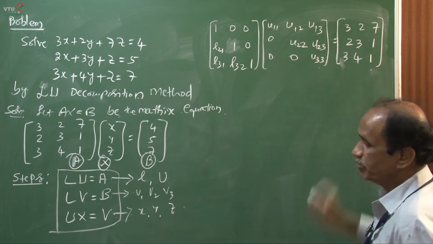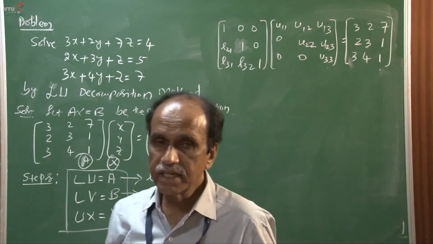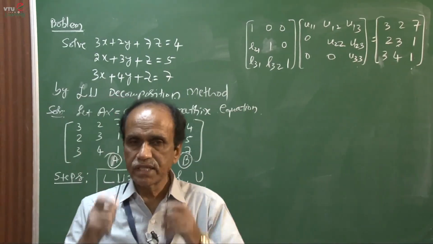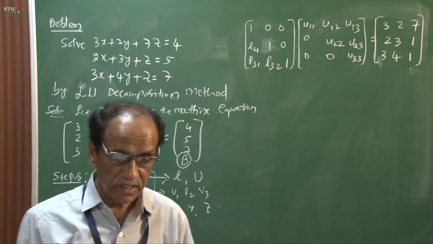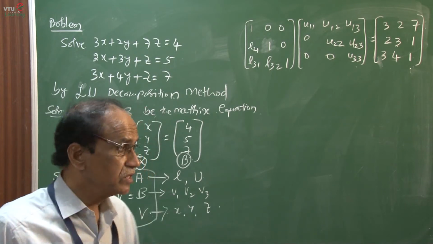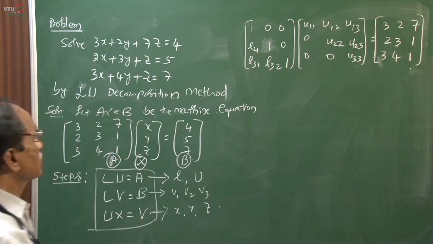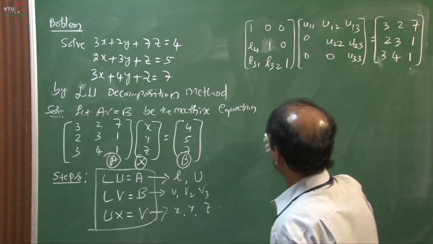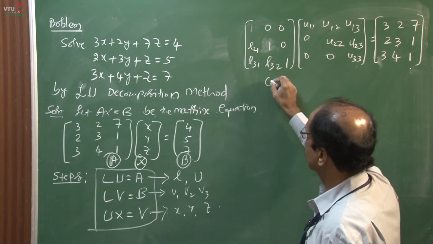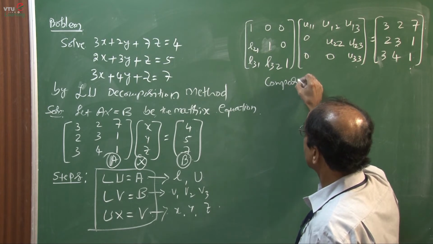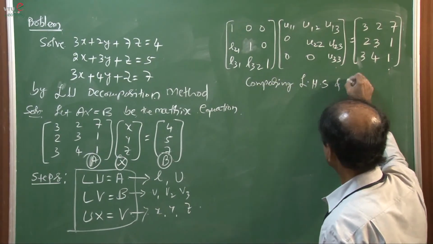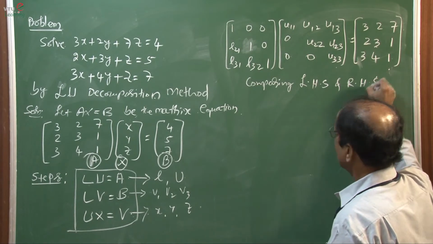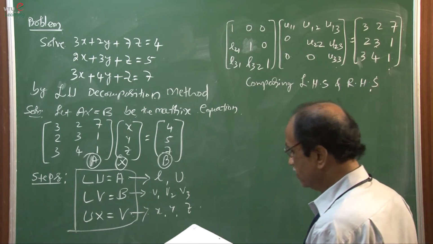This is on comparison. So I will give the calculated values which I did already in this. You just refer the previous problem and see how you can expect the values of L and U. So comparing LHS and RHS to obtain the values of L and U.